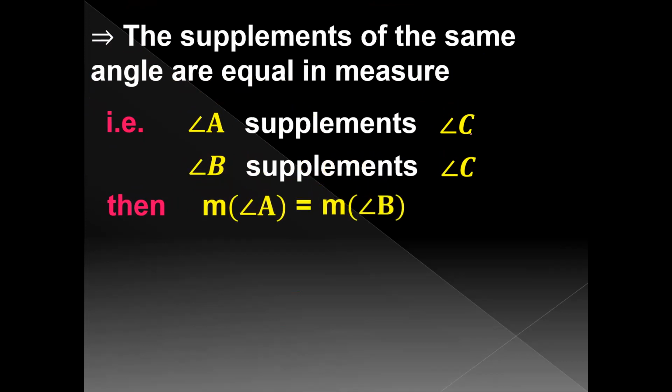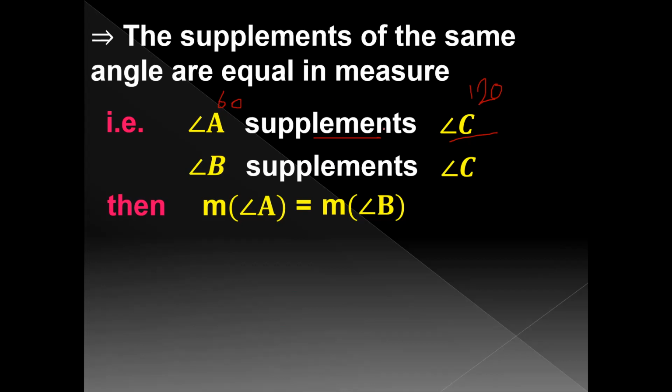Let's have an example. If angle C is 120 degrees, it supplements angle A. So angle A will be what? 60. Their sum is 180.